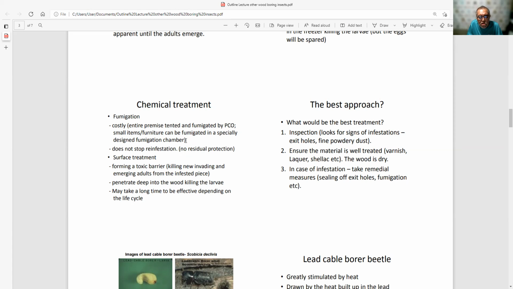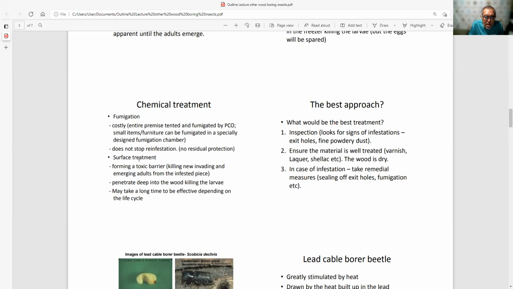When we talk about an individual premise, nobody wants to invest beyond what is worth the investment. It does not stop reinfestation. Although you treat them with fumigation and the like, there is no guarantee.